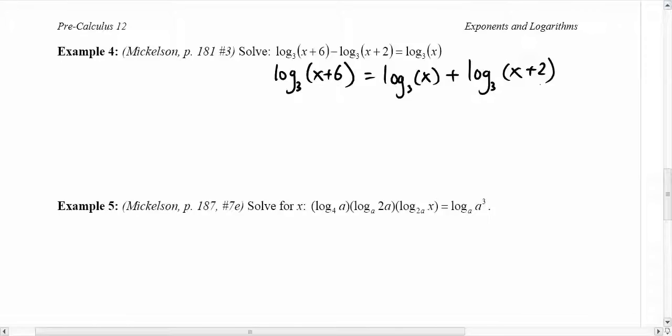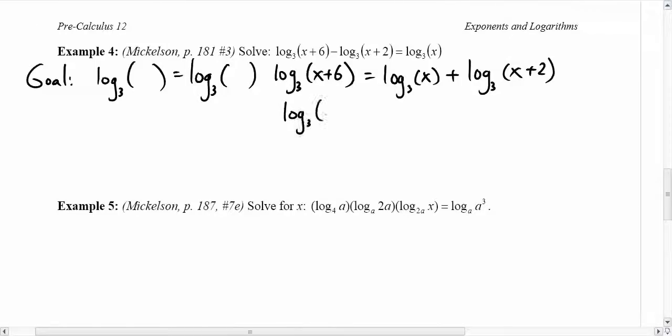So again, my overarching goal here is to get one log on each side of the equation, because if I have one log on each side and the bases are the same, then I can cancel the logs. So I'm going to combine those logs on the right-hand side using the product law from last class. Because it's adding, I can multiply those two arguments using one logarithm.